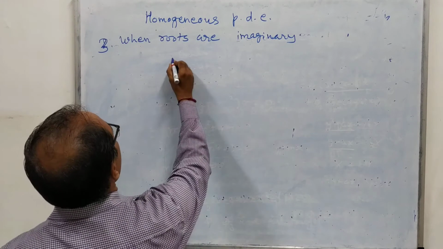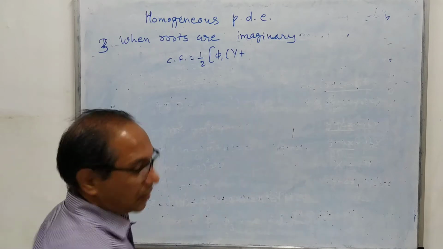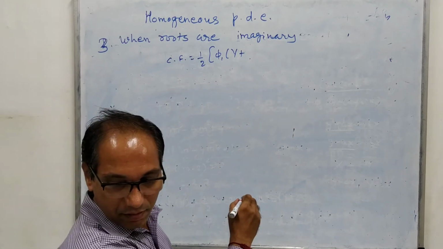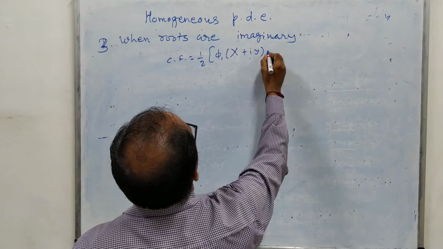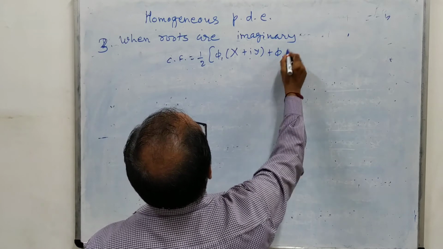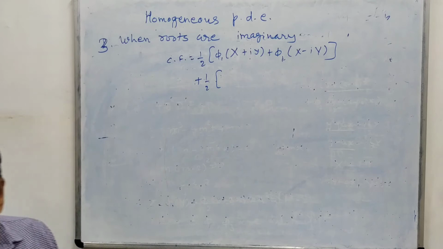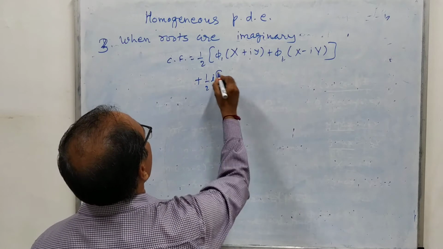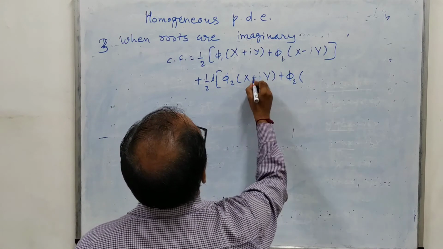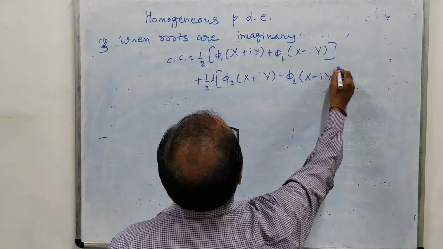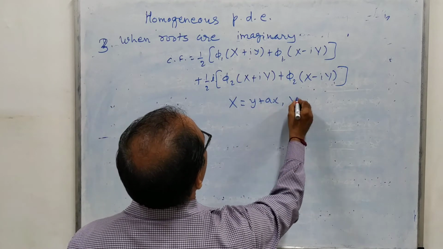Actually, if you use this symbol, then CF can be written as 1/2 phi 1 of capital X plus iY, because we have assumed the first one as X plus iY, plus phi 2 of capital X minus iY, then plus 1/2 into i, where I need to multiply phi 2 of capital X minus i capital Y, plus phi 2 of capital X minus capital Y, where we have noted that capital X equal to y plus ax and capital Y equal to bx.